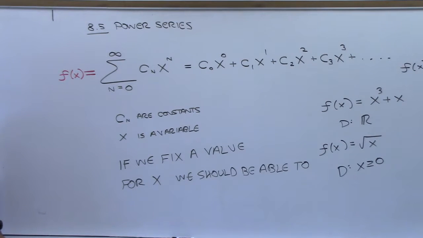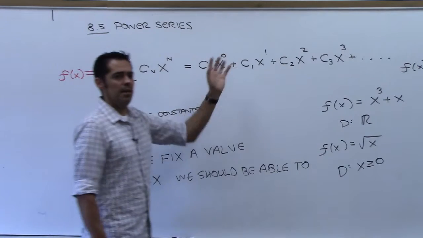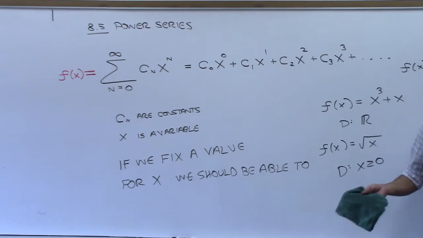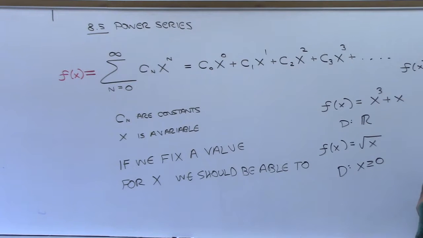X can't be 0. What did we say about this sum? If someone fixes an x value, we should be able to determine if it converges or diverges. What if we say that its domain is every value of x for which it converges, and the things that are not in the domain are all the values of x that make it diverge?